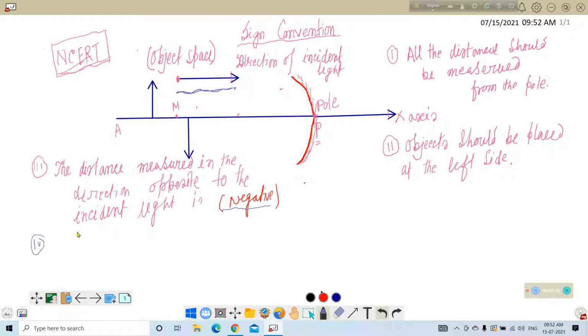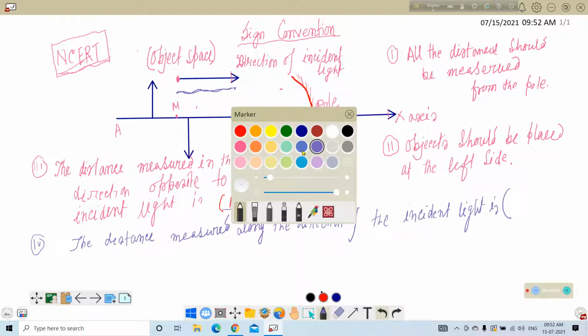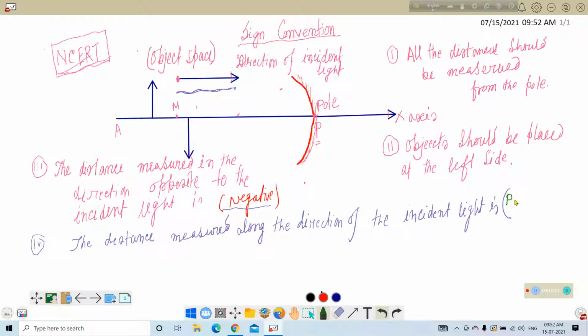Number four principle: the distance measured along the direction of the incident light is positive.